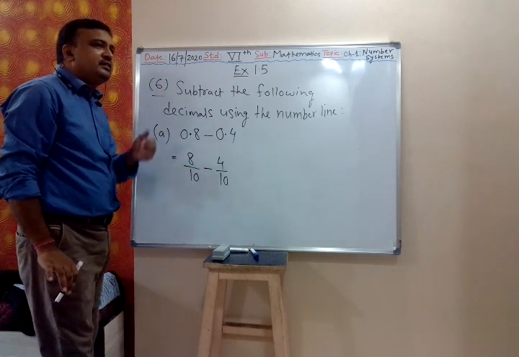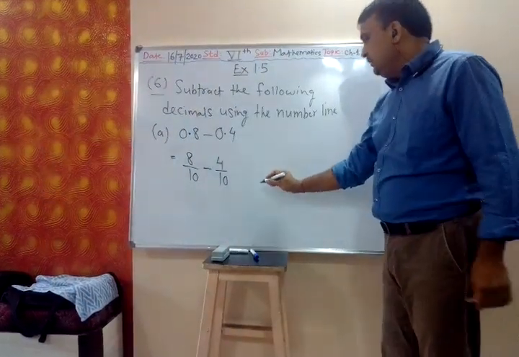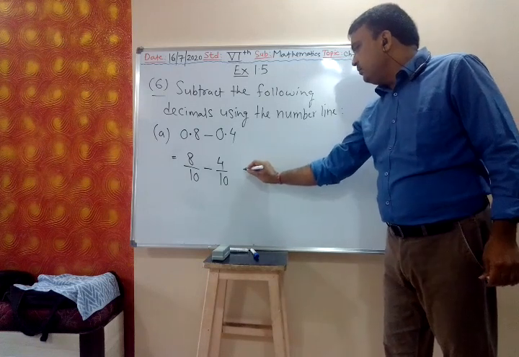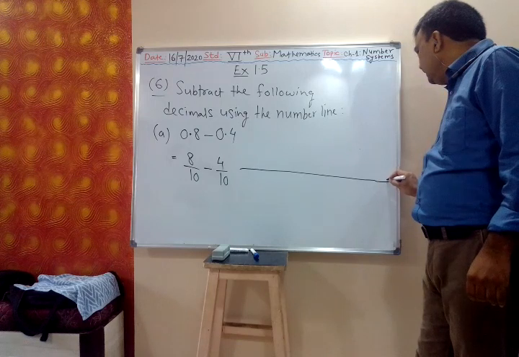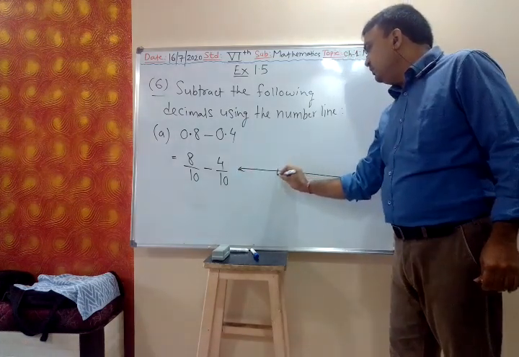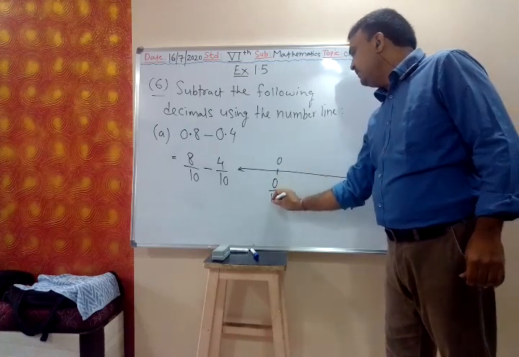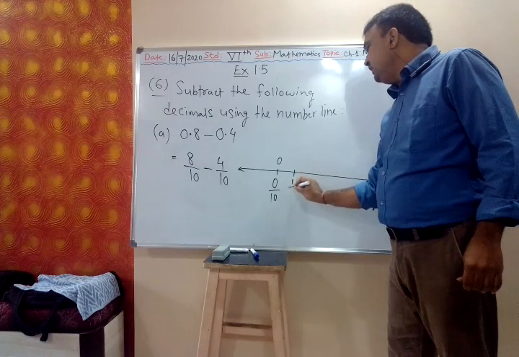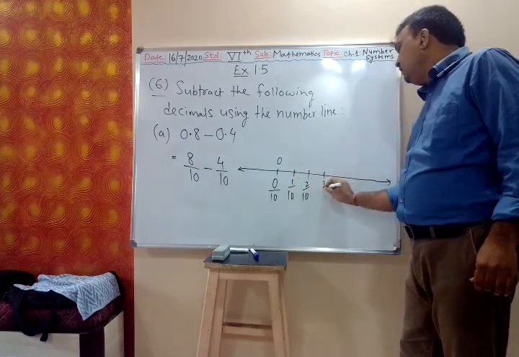We divide the number line between 0 and 1 into 10 equal parts. So 0 I can write as 0 upon 10, then 1 upon 10, 2 upon 10, 3 upon 10.